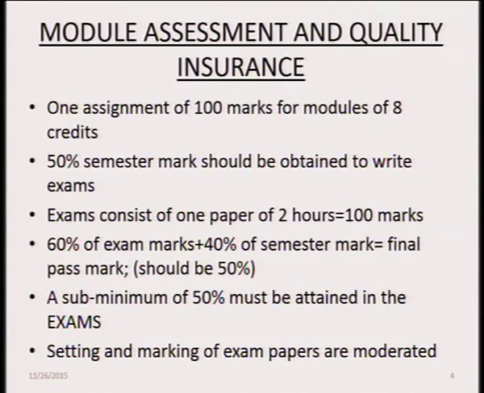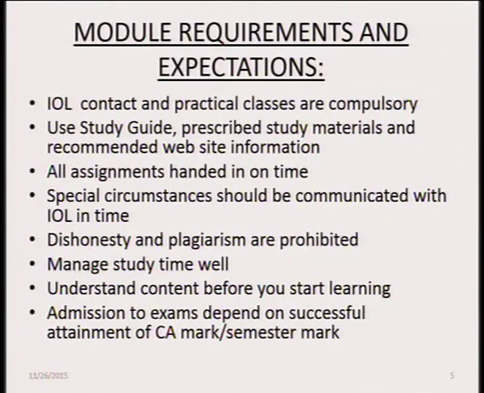The exam consists of one paper of 2 hours, which equals 100 marks. 60% of the exam marks plus 40% of the semester mark equals the final pass mark, and that should be 50%. A sub-minimum of 50% must be obtained in the exams. Setting and marking of exam papers are moderated.